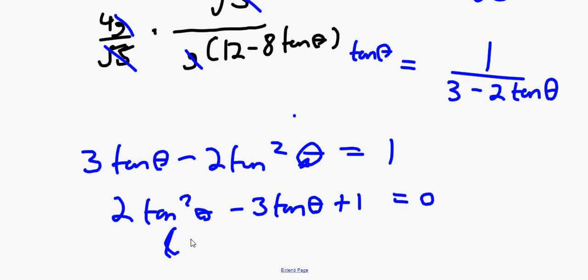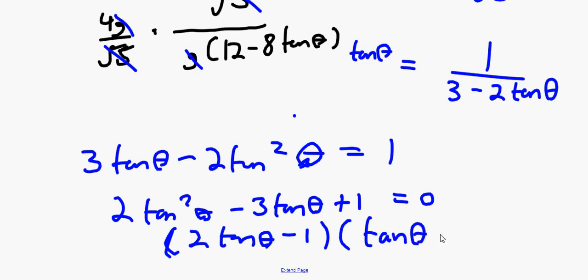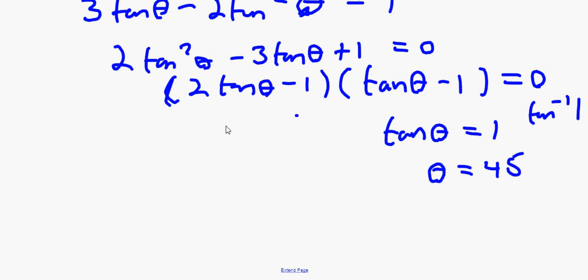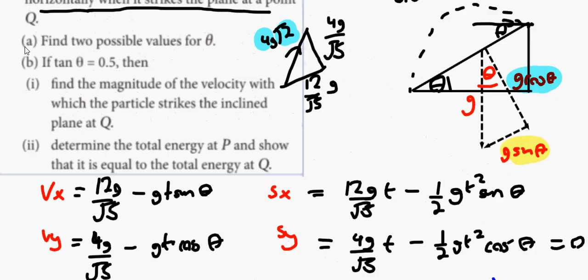Alright, 2 tan theta take away 1, tan theta take away 1 equals 0. You got two values. You have tan theta equals 1. This means theta equals 45 when you tan inverse it. And then tan theta equals a half. Does it want the two values of the angle or two values of tan theta?